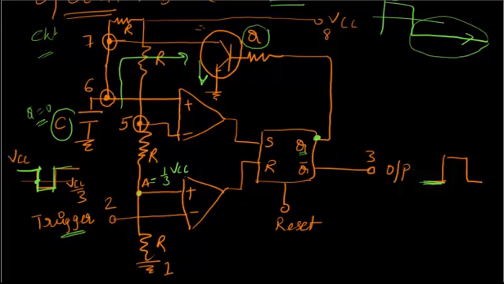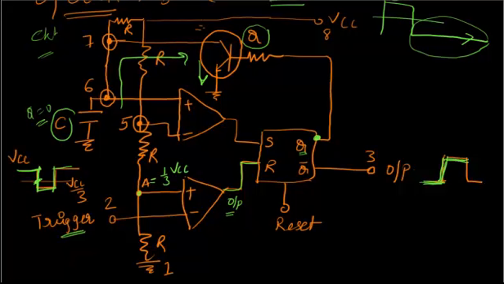So till the trigger voltage is up to this point, this output will be low anyway. After it crosses, this output becomes high, and the flip-flop will be reset. So it will become 0, that means output will become 1, because Q bar is the output, remember. So output becomes 1.